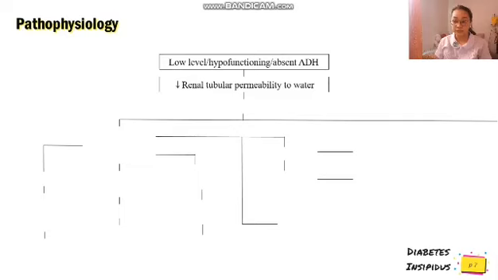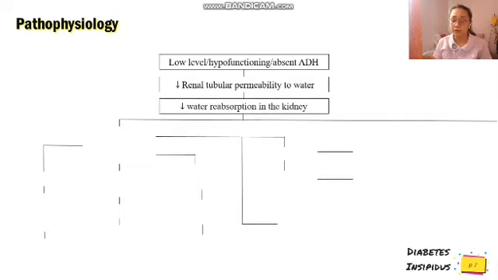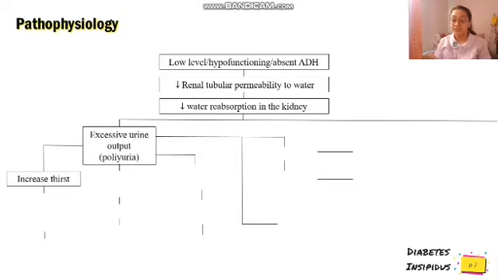Without it, renal tubule permeability to water decreases, which may cause low water reabsorption in the kidney. When this occurs, a person may experience polyuria, or excessive urine output, while also experiencing thirst because of the excessive water loss.